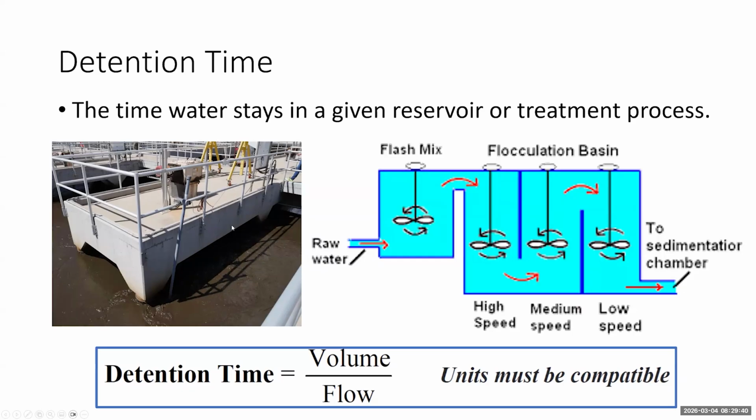So it could be a single chamber, it could be multiple chambers. But what's important to know is that detention time is volume over flow, right? And so we just looked at flow and we know what volume is. That's how much water is in that tank, and the flow is how much water is going through that tank. And that gives you the time.